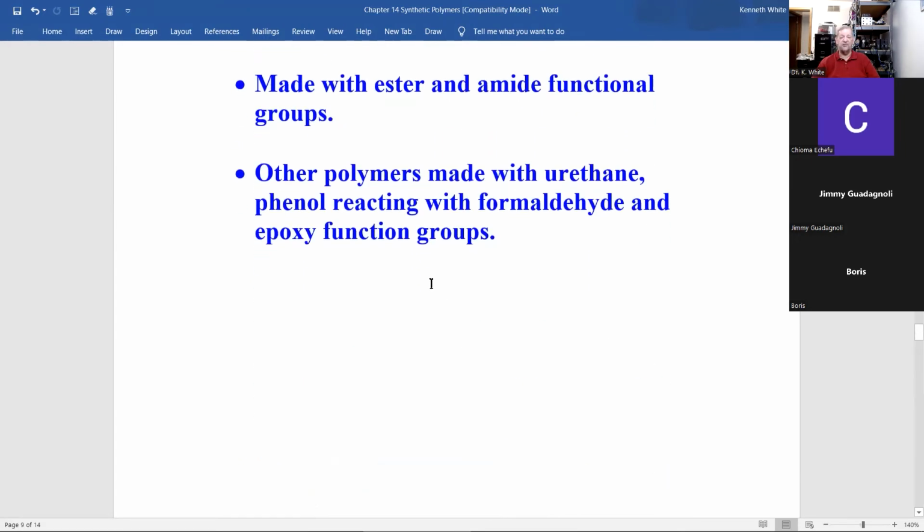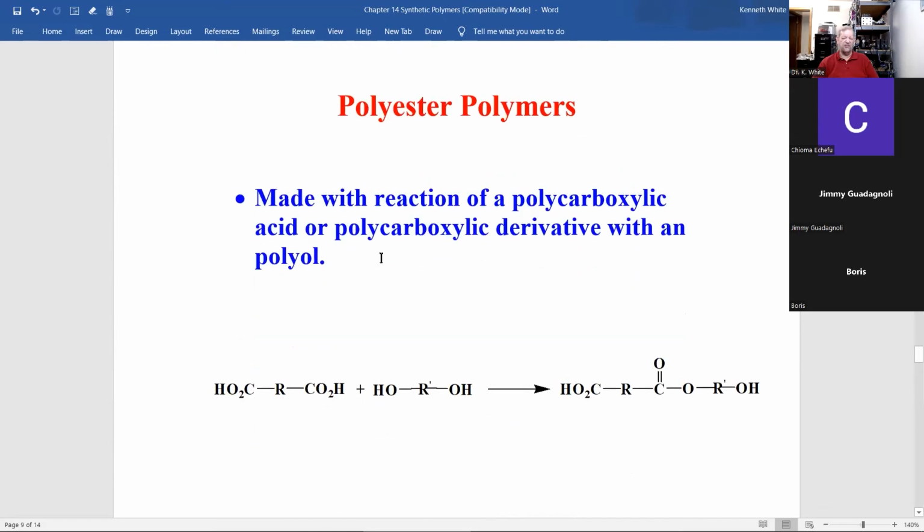Now, there are other groups you can create, and that's the urethane foam from the urethane reaction, I'll show you briefly, or phenol reacting with formaldehyde, or even epoxy functions, which I'm not going to show.